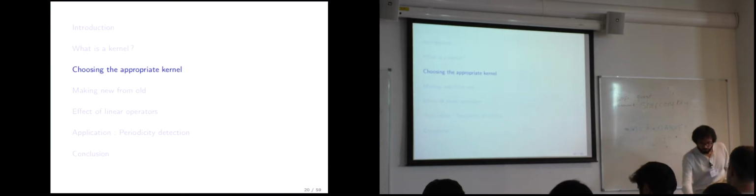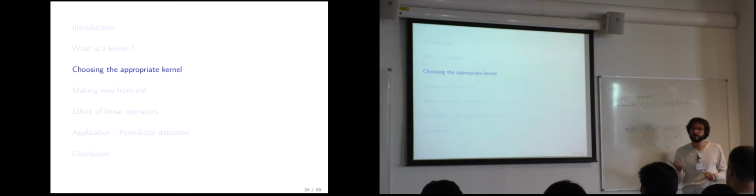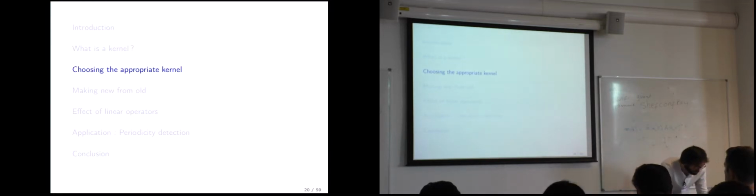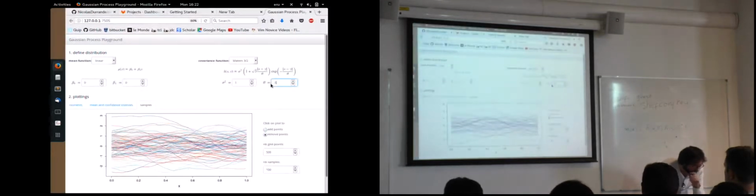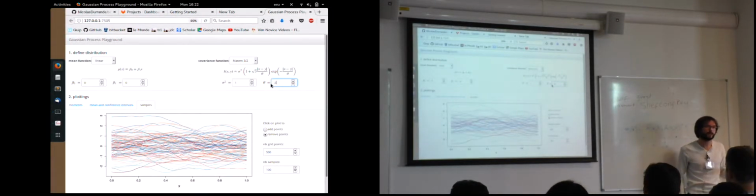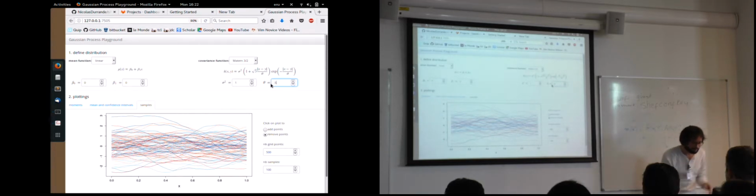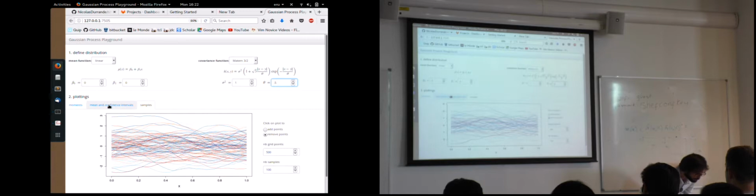So we have seen there are many kernels that exist, and that those kernels depend on parameters. Maybe one thing I should detail before going much further is the effect of the kernel parameters on the models. Normally that's something you've seen during the lab, but I will just make the demo over here.